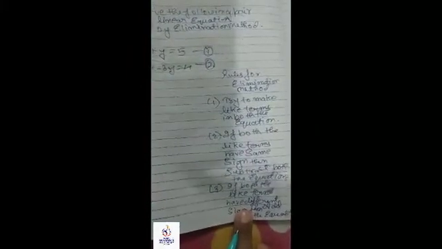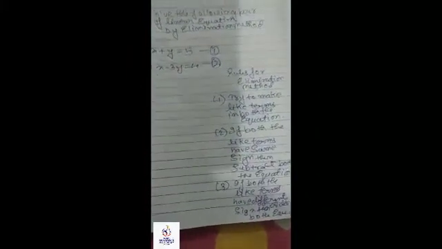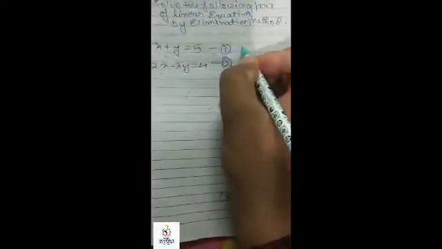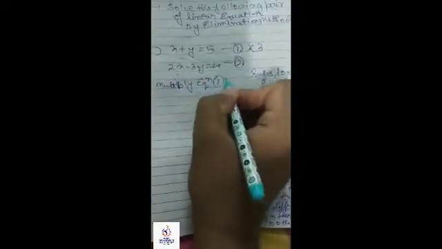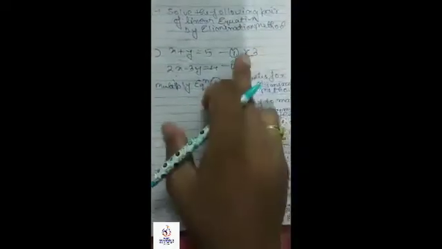If you add, you will not face any problem, because in subtraction you have to change the sign, and if any sign is missed, the whole question will be wrong. So multiply this equation by 3. We will write here: multiply equation first by 3, or you can show it like this also. This 3 will multiply all the terms of the equation.